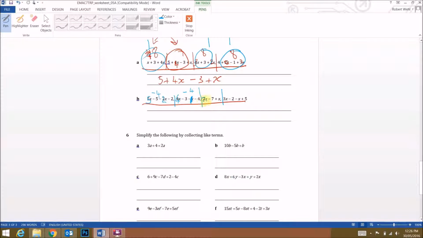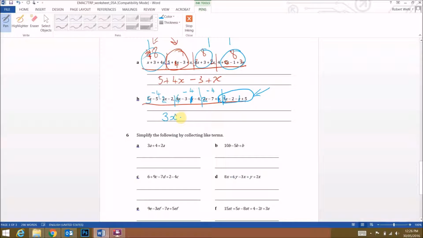So 2 times 1 is 2, and 1x is 1. So 2 take away 7 equals negative 5, plus 1 equals negative 4, which means that this is probably going to be our expression that is not equivalent. Then 3 times 1 is 3, so 3 take away 2 is 1, take away 1 is 0, plus 5 is 5. So that is my expression that is not equivalent.